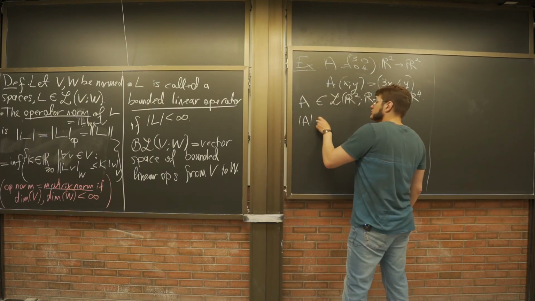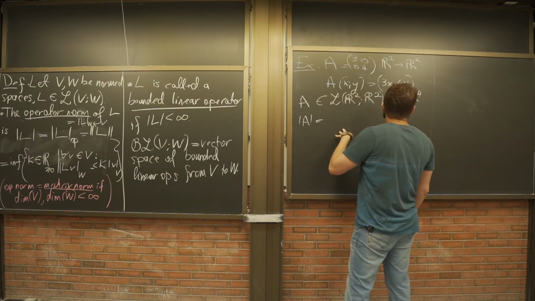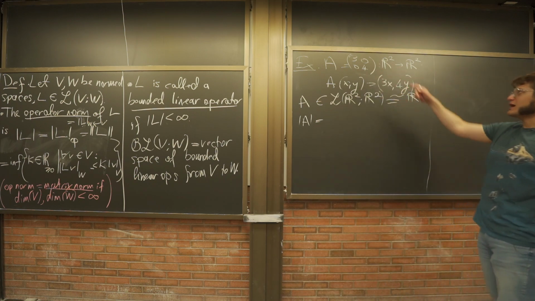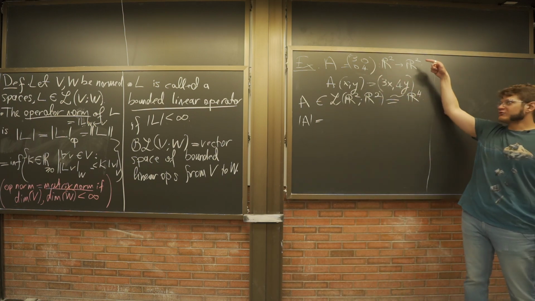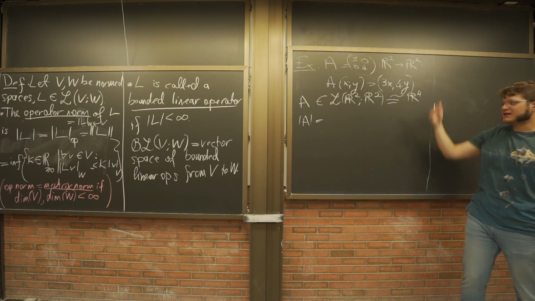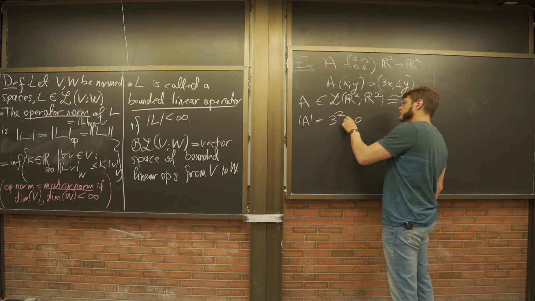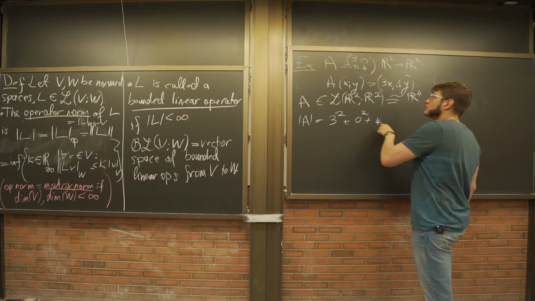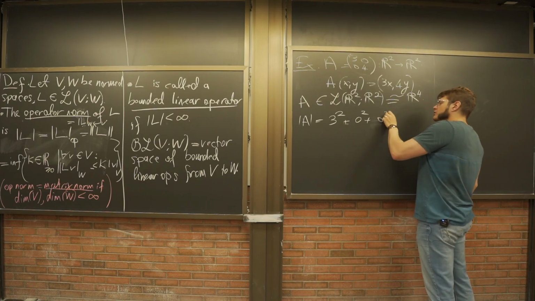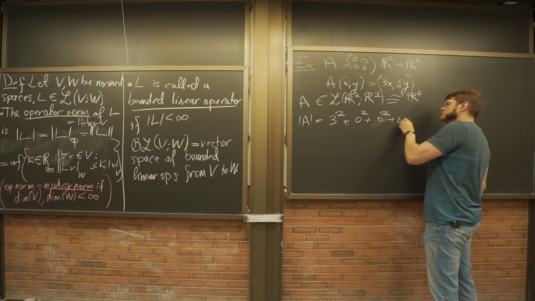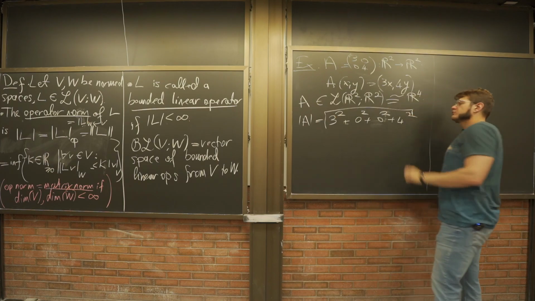A norm should be, well, I'm just going to look at the entries, take the squares of each of them, add them up, and then take the square root. Of course, this gives you 5.